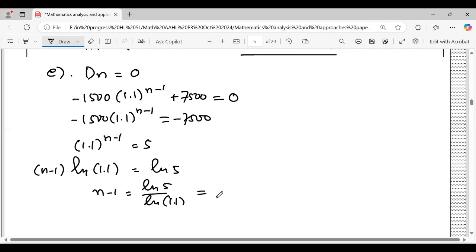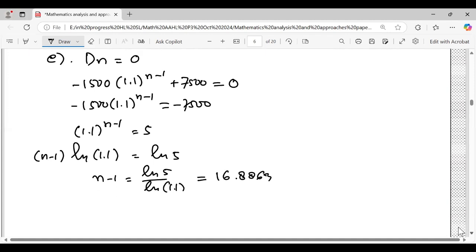And if you calculate, this is 16.8863. So n equals 16.8863 plus 1, okay, equals 17.8863.